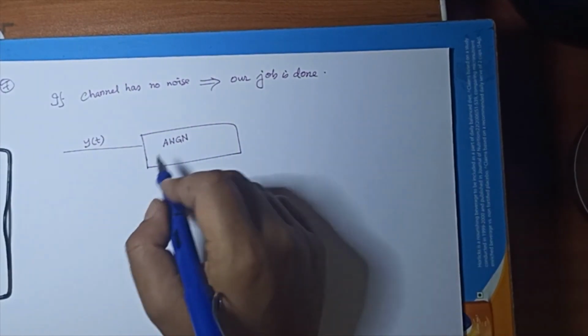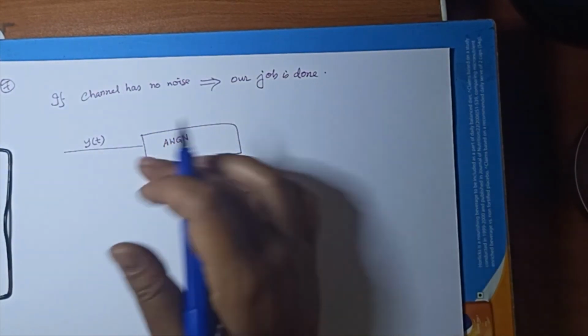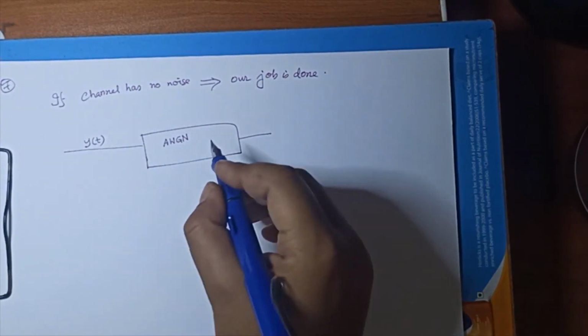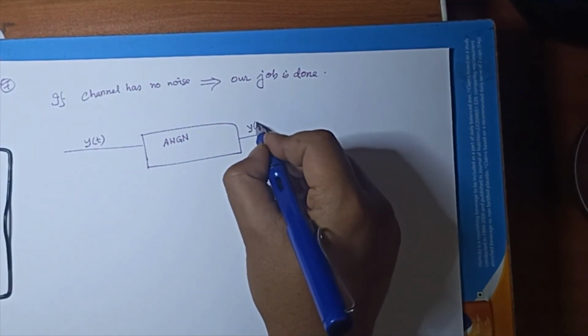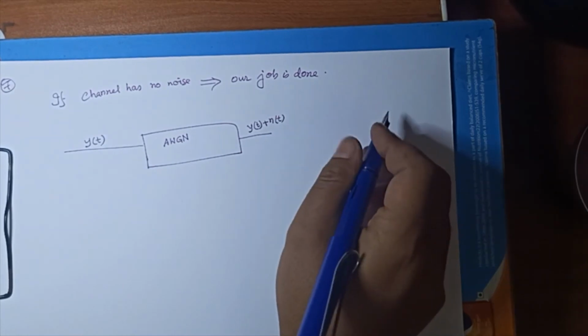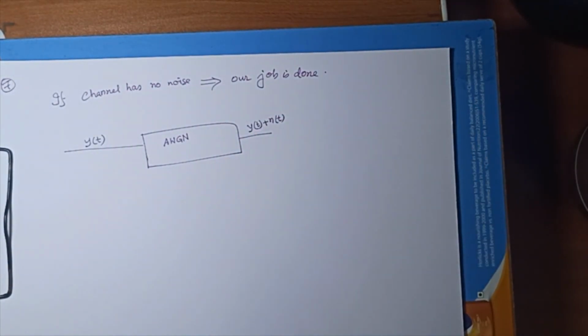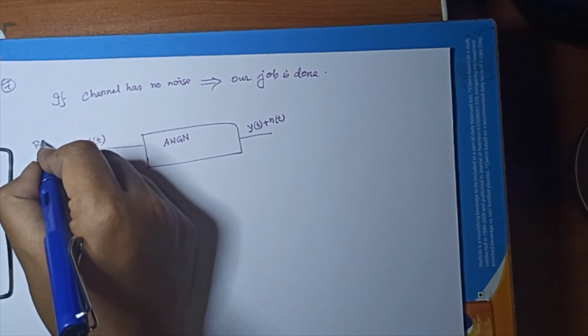So this channel will inject some additive white Gaussian noise, and your signal at the receiver side will be y(t) plus n(t), and then it will go through the passband to baseband transition, then the demodulation part and decoding part. So this is the real channel.